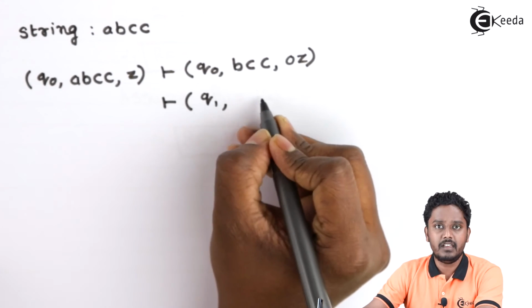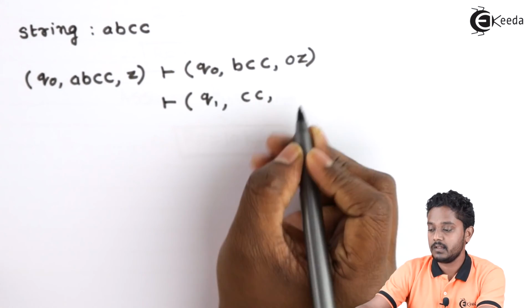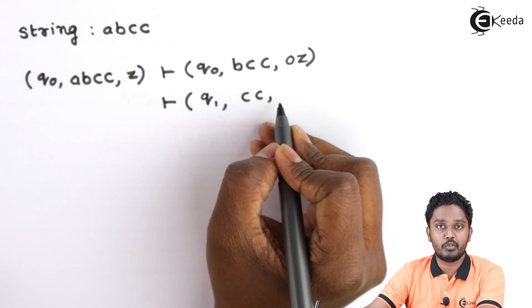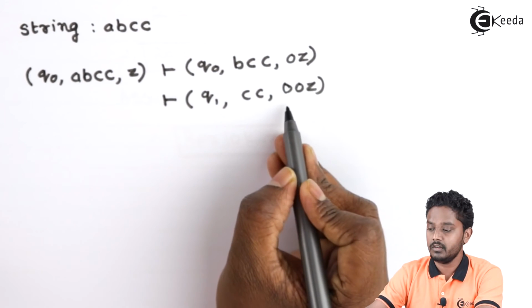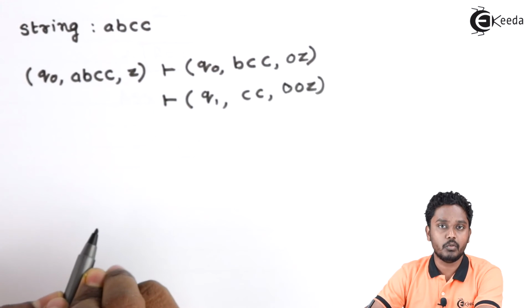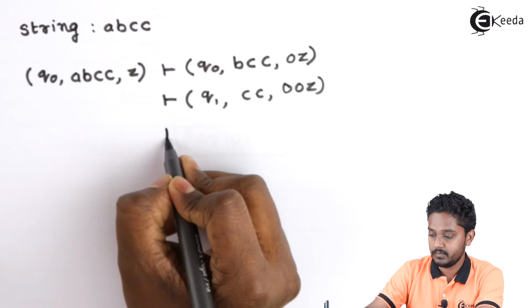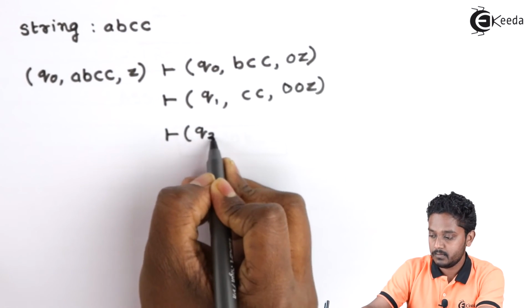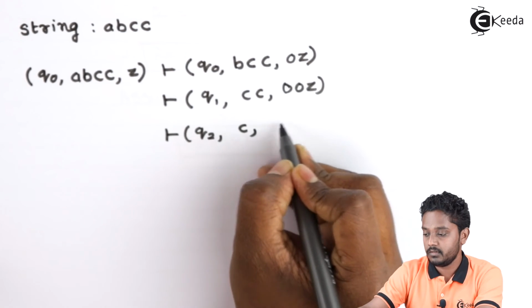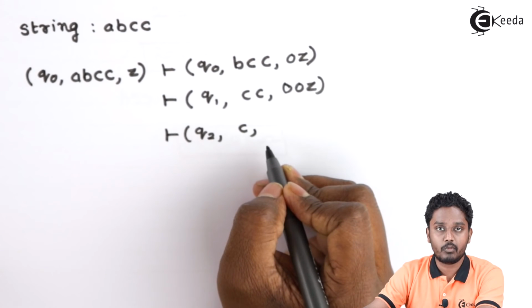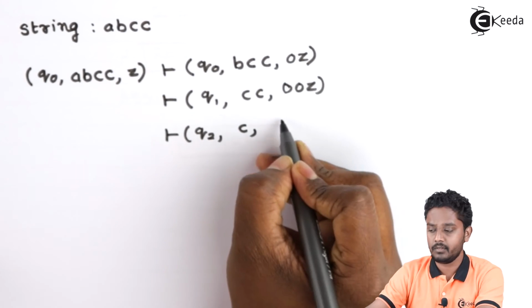We are left with CC. We will push one more 0 onto the stack. From Q1, on encountering a C, we need to pop one 0 and go to state Q2. One C will be left. The 0 will be popped. The 0 and Z would be left on the stack.